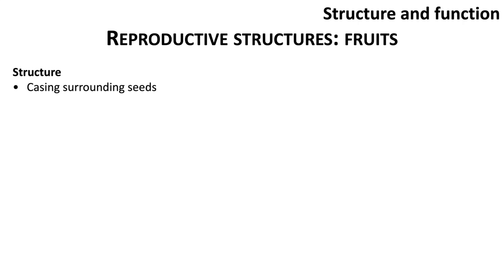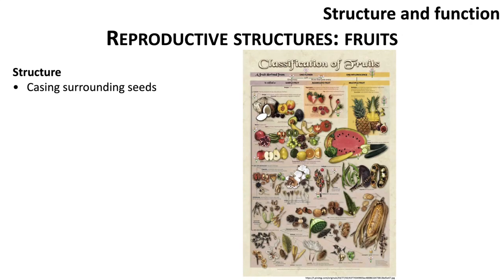Fruits are the casing around seeds. They come in many, many different forms. Not all are what we think of as fleshy fruits. Let's take a moment to appreciate the gigantic diversity of forms fruits can exhibit. Fruit diversity is amazing. I've included a great poster from UW-Madison that displays this.